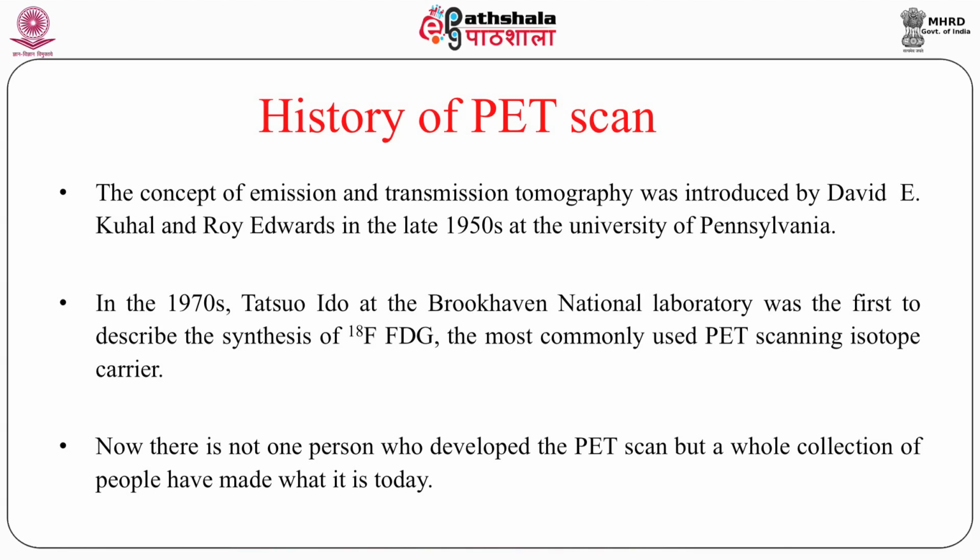But the other positron emitting isotopes like carbon, nitrogen, oxygen, because of short half-lives, may not be feasible to send from one place to another. Now, we know what fluorodeoxyglucose does, and we will get to know more about it in the next few slides.